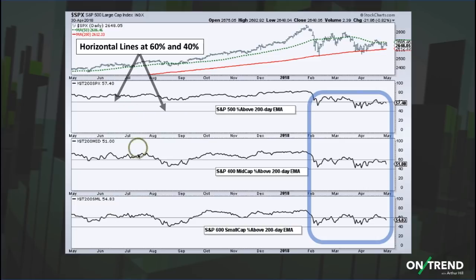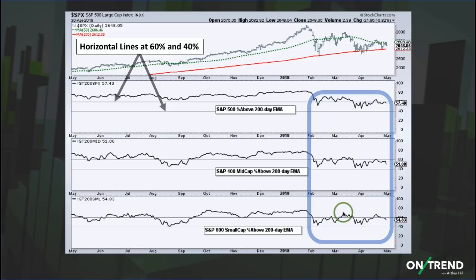So you can see here that we had some dips below 50% in mid caps and small caps. And now we've kind of just been hovering around this 60% line for the S&P 500. We've been hovering around that 50% line for mid caps and small caps. So there's not a lot of direction out there.